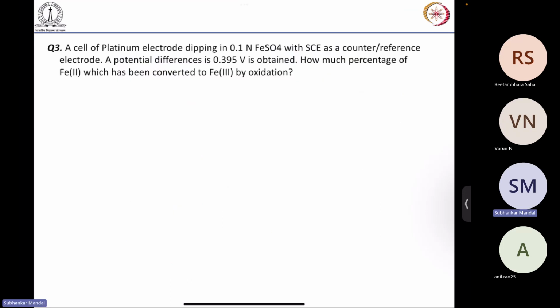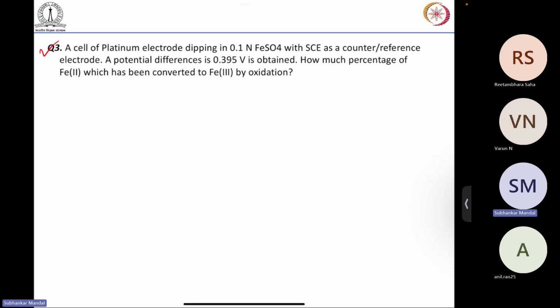So this is the third problem: a cell of platinum electrode dipping in 0.1 normal ferrous sulfate, with respect to a saturated calomel electrode as a counter cum reference electrode. A potential difference of 0.395 volt is obtained. How much percentage of iron 2 has been converted to iron 3 by oxidation?